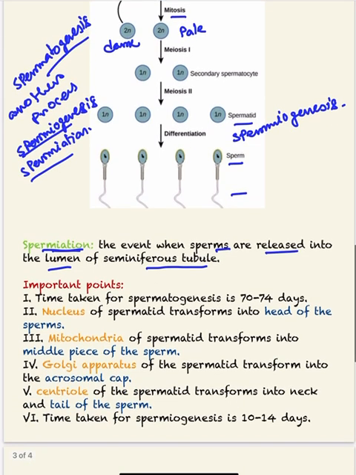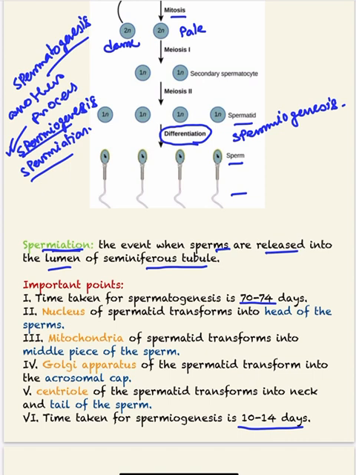Now some important points. Time taken for spermatogenesis is 70 to 74 days, and only for spermiogenesis the time taken is 10 to 14 days. And when the differentiation occurs, the spermatid structures develop into sperm structures.